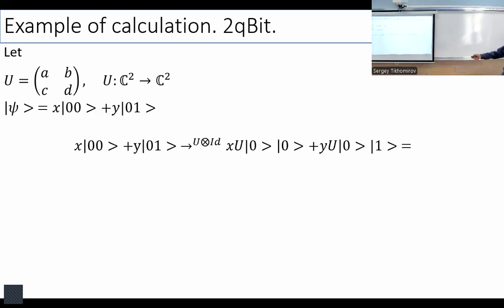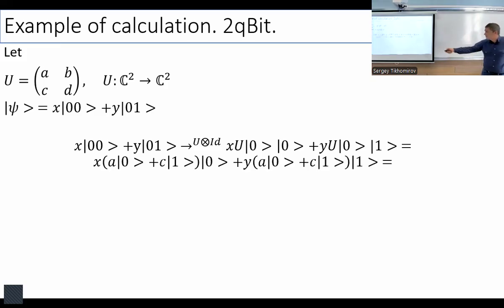If we apply it to the first qubit, I will write it like this, U tensor identity. Then what should I do? I put here X, I replace the first zero by U0, and the second zero I keep as 0. Here I keep Y, I replace the first zero by U0, and put 1, keeping the second qubit as it is.